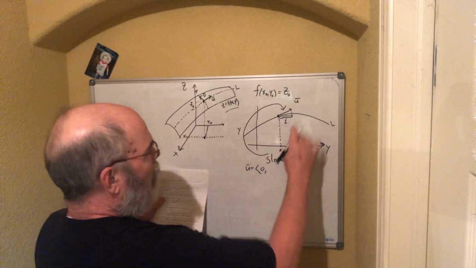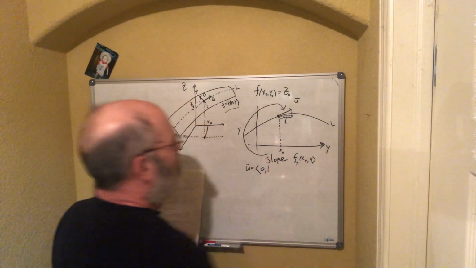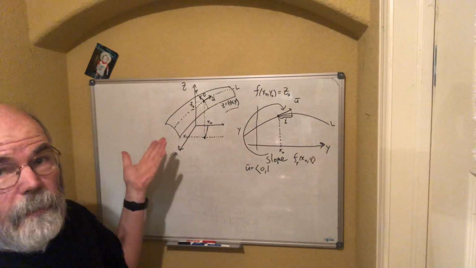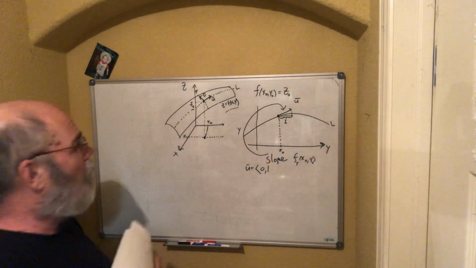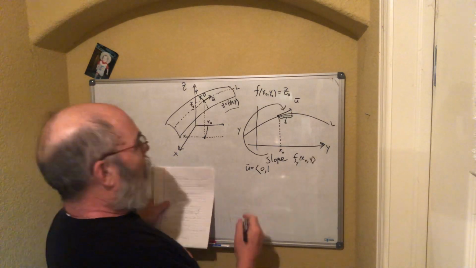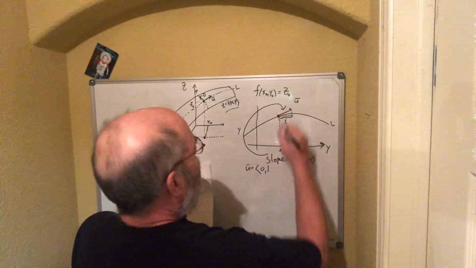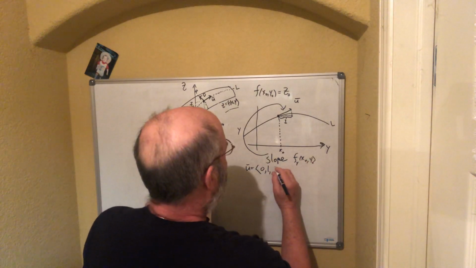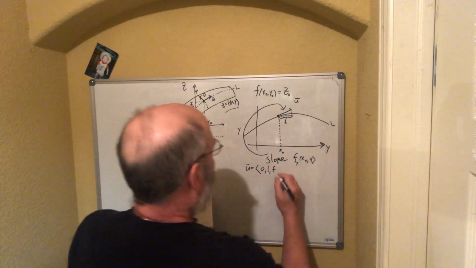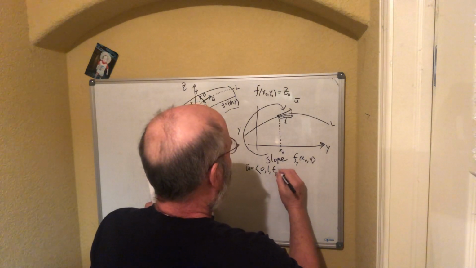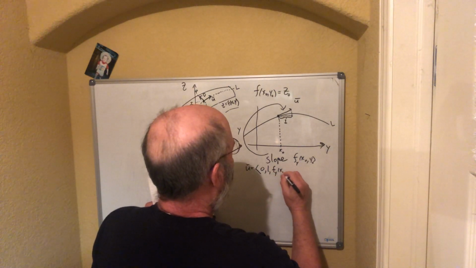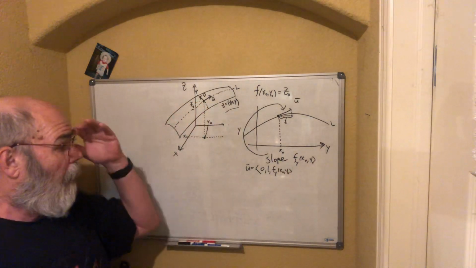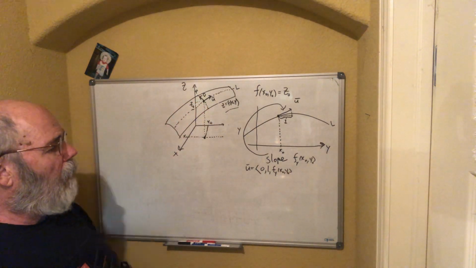The y component has length 1, because as I was just saying, I can choose it to be 1, and it's convenient, so let's just do that. And then therefore, the z component, because that's the slope, turns out to be f_y of x naught, y naught.